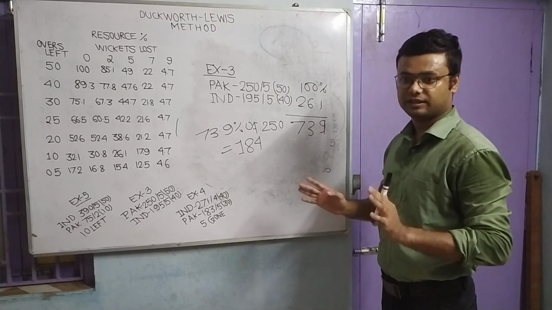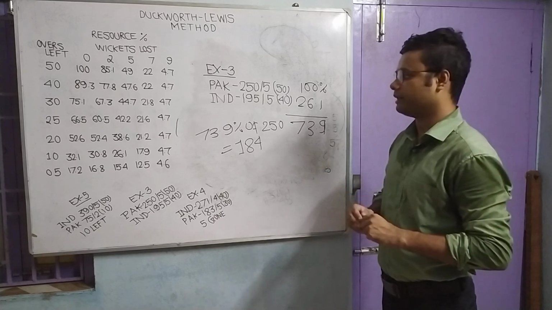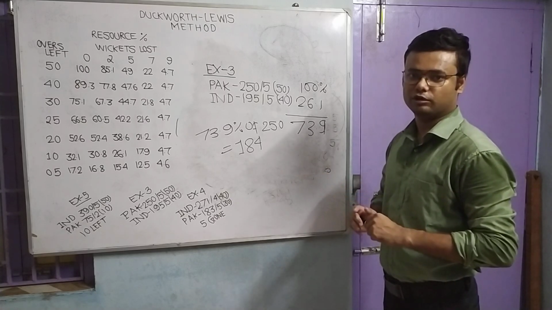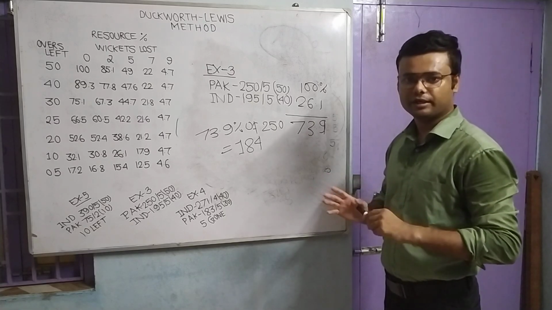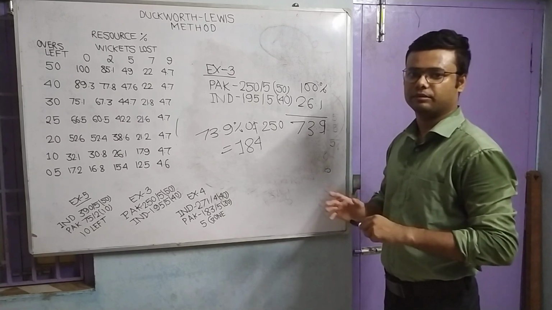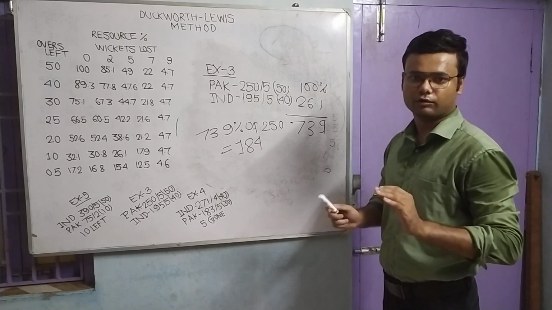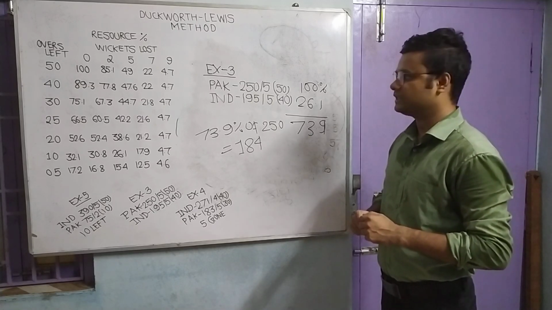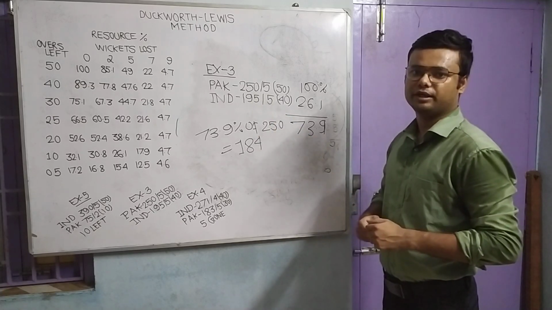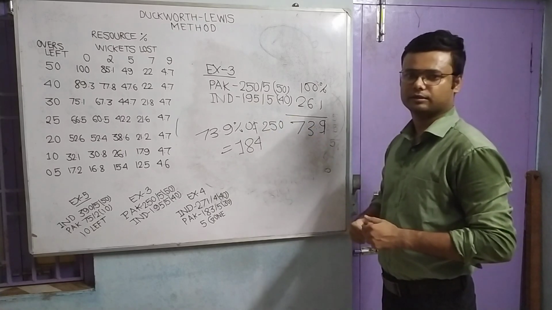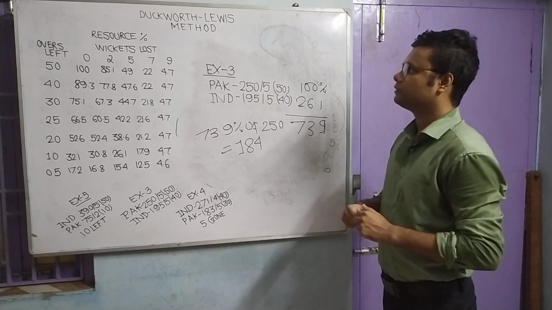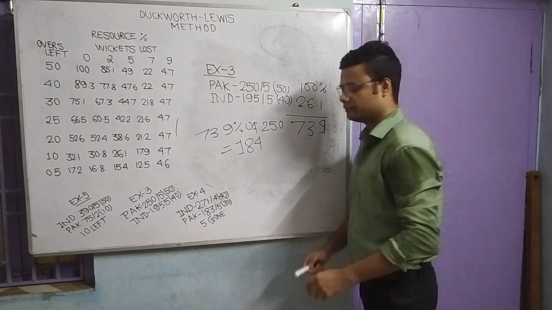So they exceeded the DL target by 11 runs. Hence they will be declared the winner in this game, because the DL target was lesser than their score after the completion of 40 overs. That is how the Duckworth-Lewis method is used.